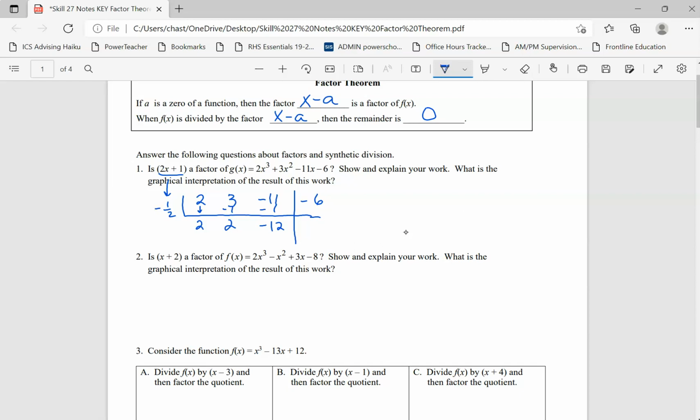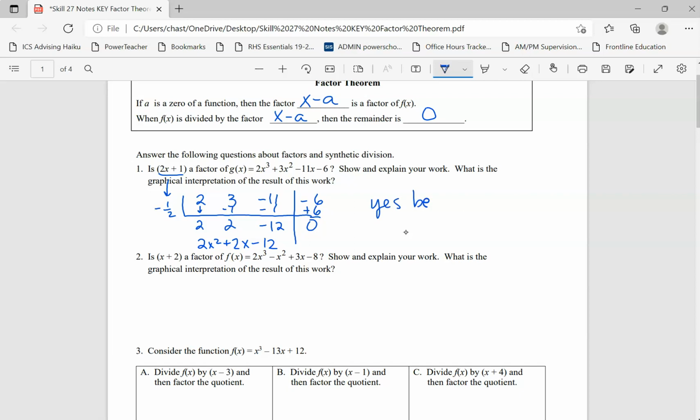Negative 1/2 of negative 12 is positive 6. And we get a remainder of 0. So my resulting polynomial is 2x squared plus 2x minus 12. And so now when I look at this, it just says is it 2x plus 1.